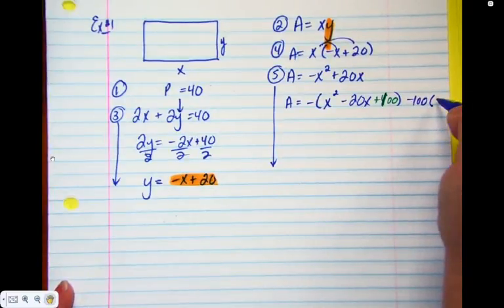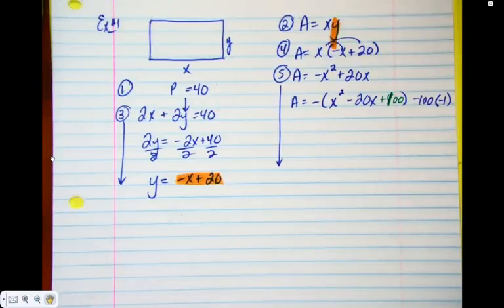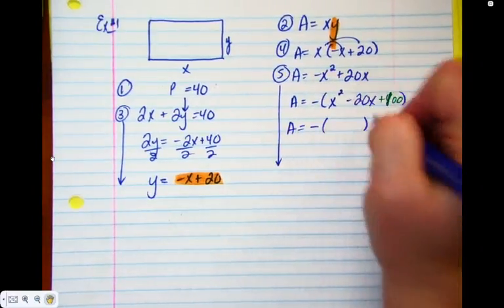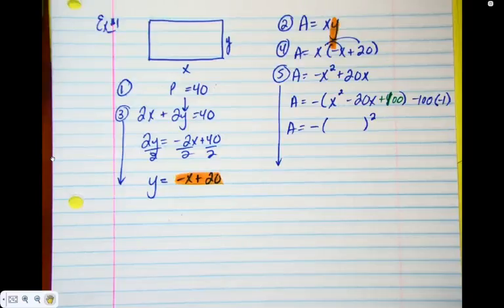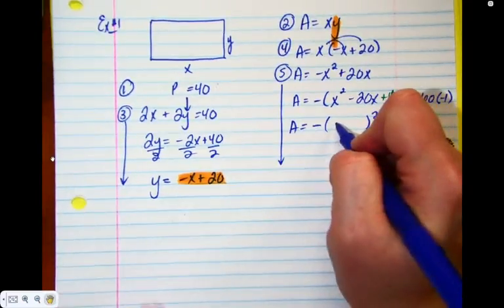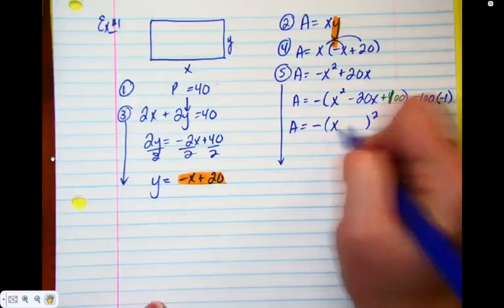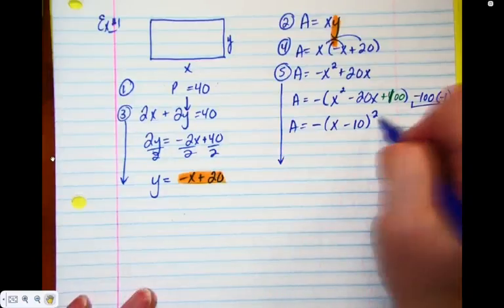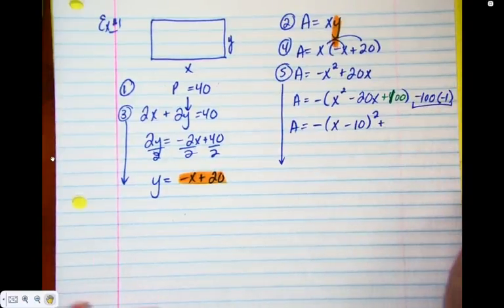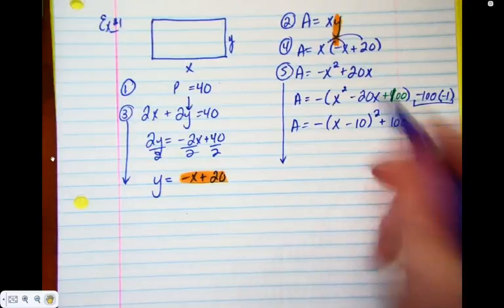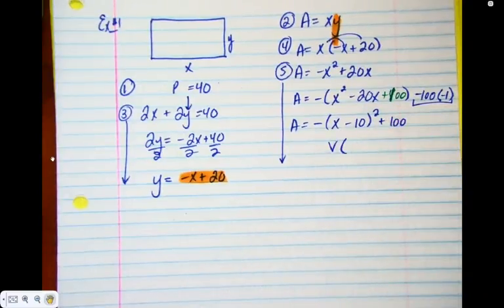Take away 100 times -1. So I've got a negative out front. I'm going to need a binomial squared. Negative x minus 10 squared. And then I combine these two. And then I'm going to state the vertex.